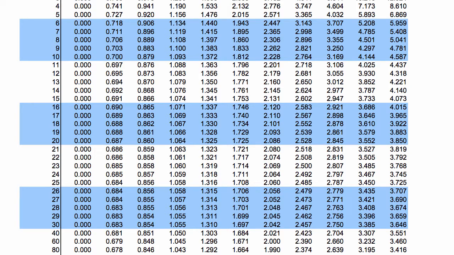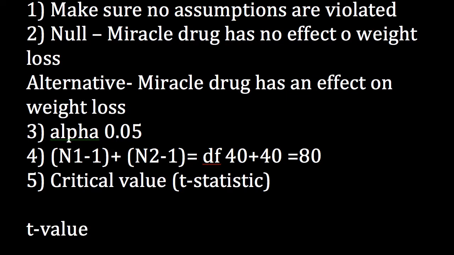So let's write that down. So our critical t-value is 1.99, which means that when we calculate our t-statistic test, we need to either get a value of greater than 1.99 or less than negative 1.99 to get a statistically significant result based off our alpha, number of tails, and our degrees of freedom.